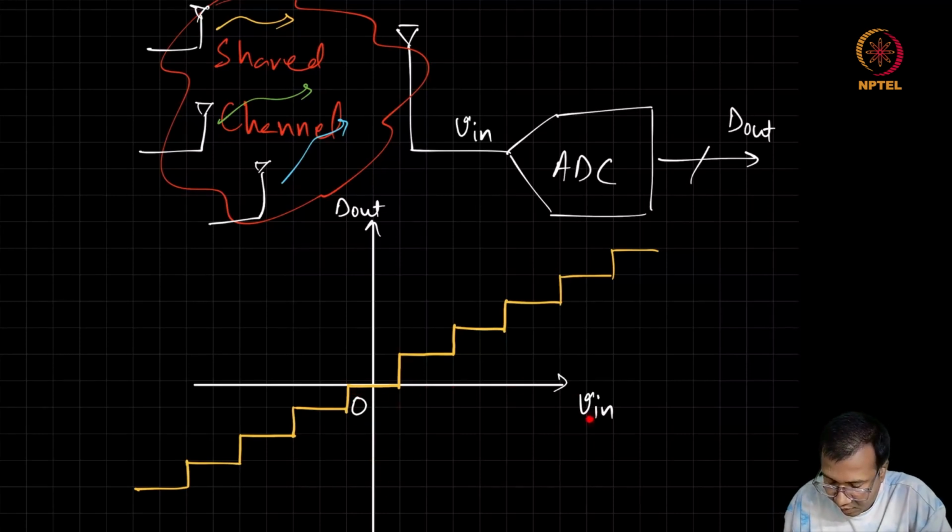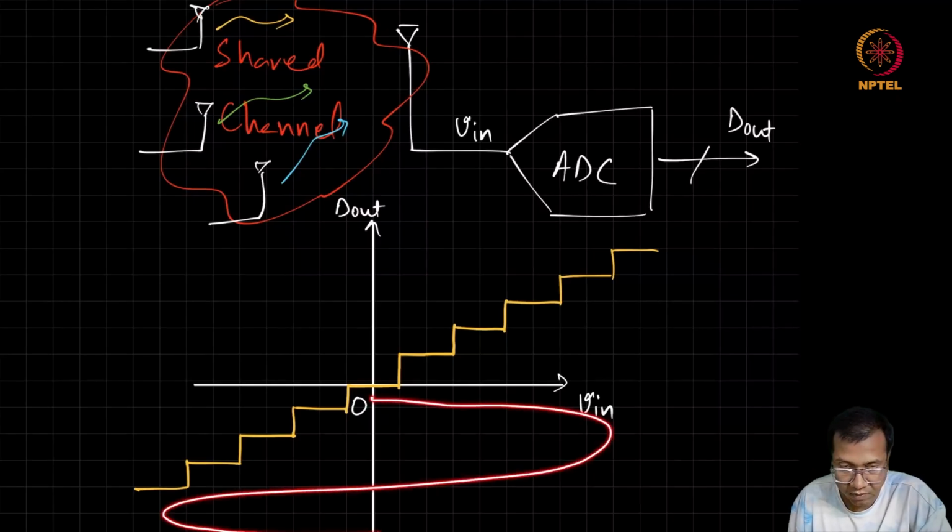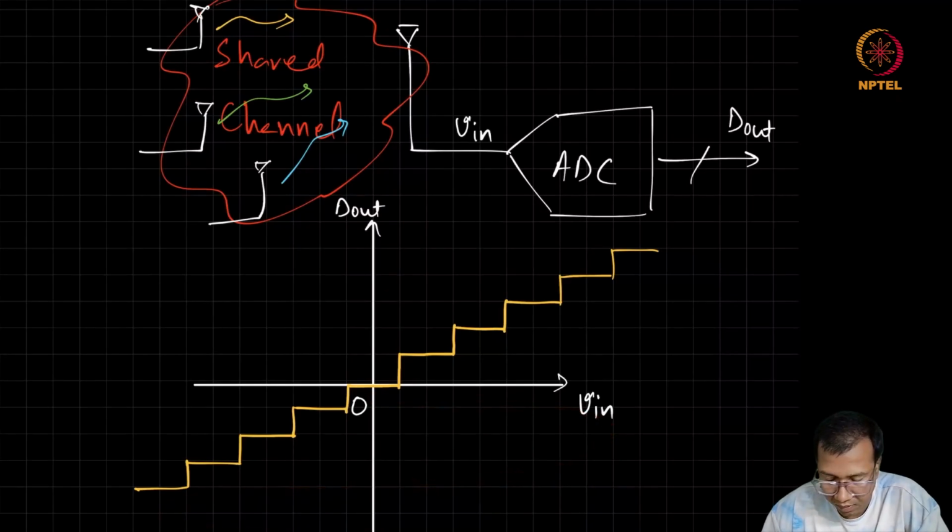So if we want the maximum information of the input to be preserved, we need to make sure the input signal uses the maximum range possible at the input of the ADC.